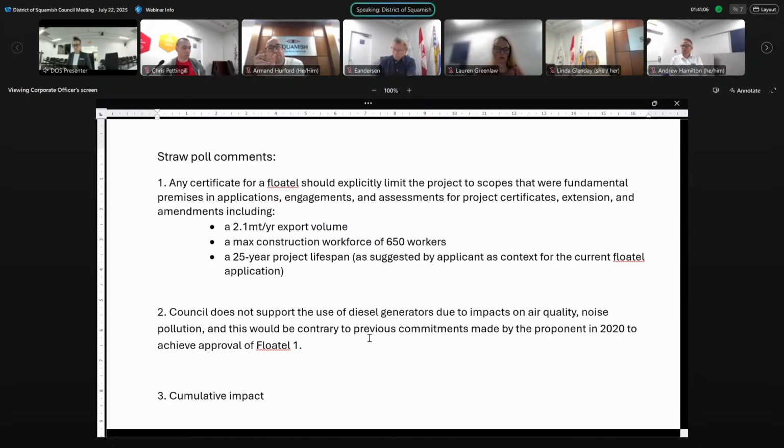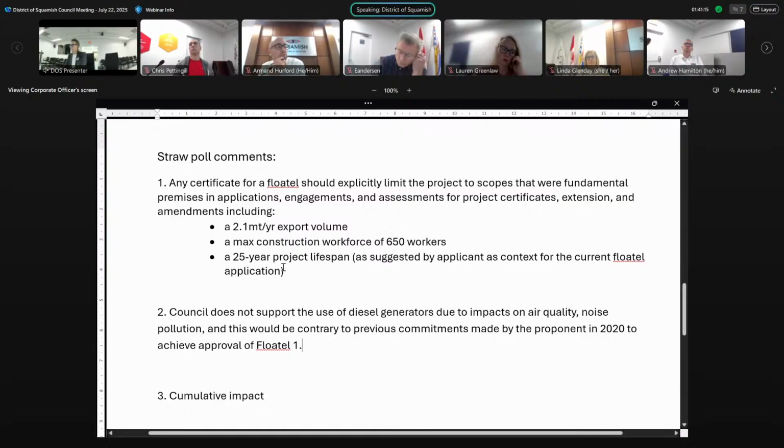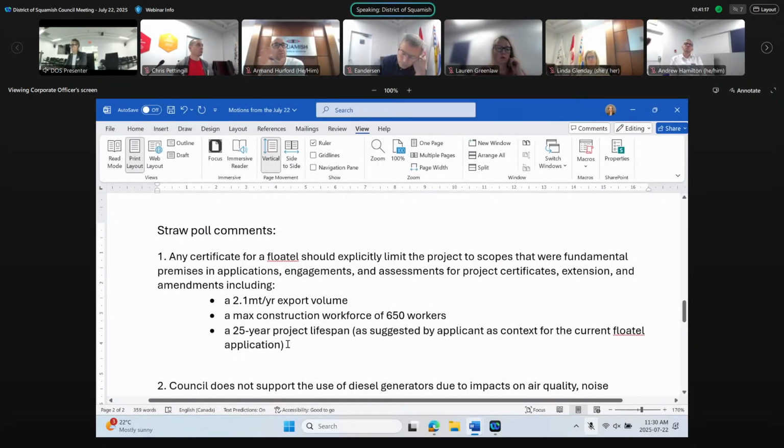On that first bullet point, I've proposed that we change it to an increase in max construction workforce or some wording like that. I'd like it to still be accurate because it's an increase. I don't want to get tripped up with that number, but go ahead, Councillor Storm.